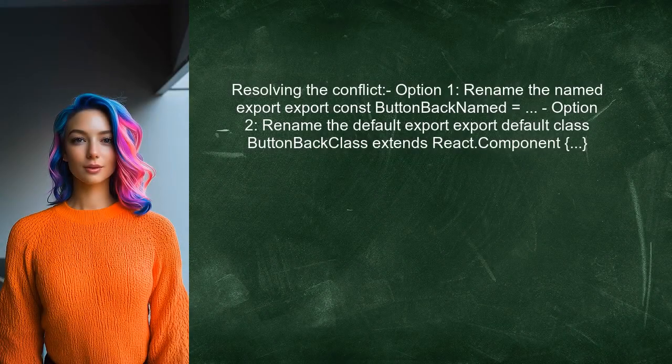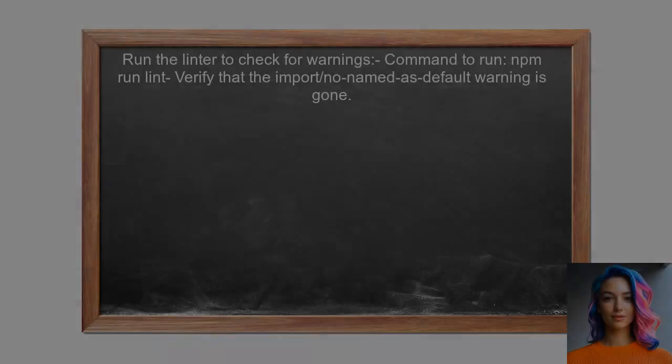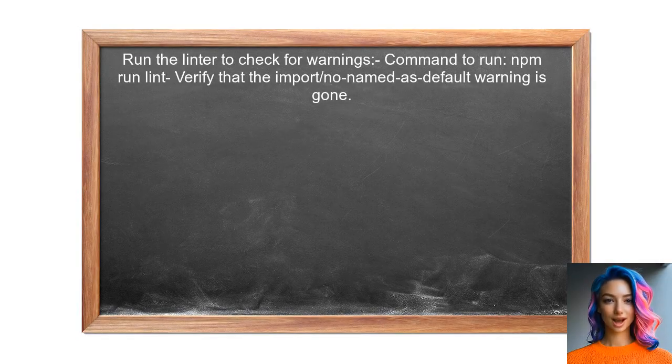If the user finds a named export with the same name as the default export, they can either rename the named export or the default export to resolve the conflict. After making the necessary changes, the user should run the linter again to ensure that the warning has been resolved. This can be done by running the lint command in the terminal.